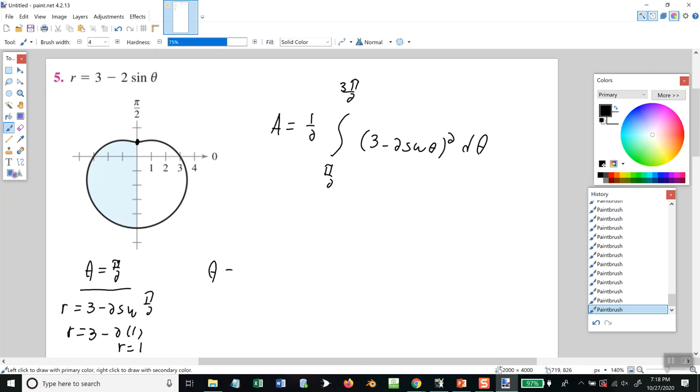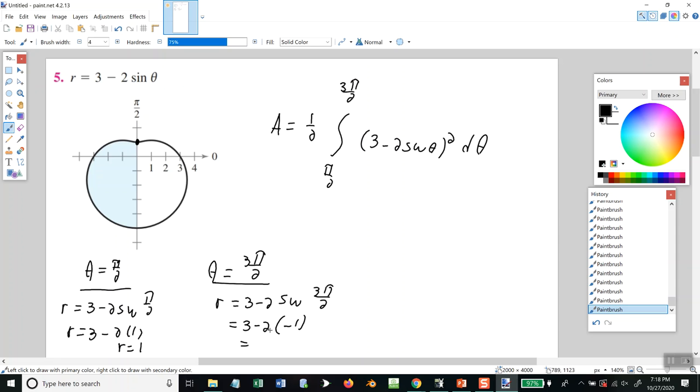If I went to my ending and plugged in 3 pi over 2 in for theta, I get r is equal to 3 minus 2 sine 3 pi over 2, which gives us 3 minus 2 times sine of 3 pi over 2 is negative 1.